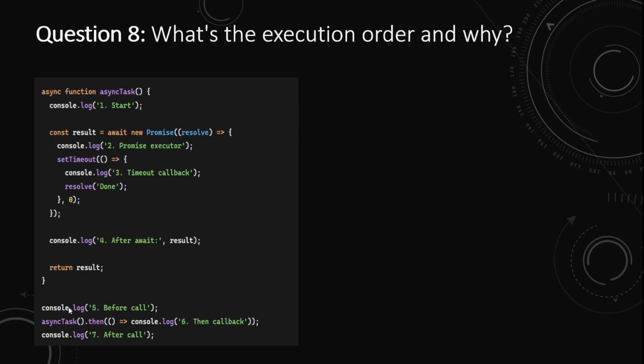Hence, after the fifth console log, this one will be printed second, and the execution moves forward to the promise constructor, which executes synchronously this console.log promise executor.